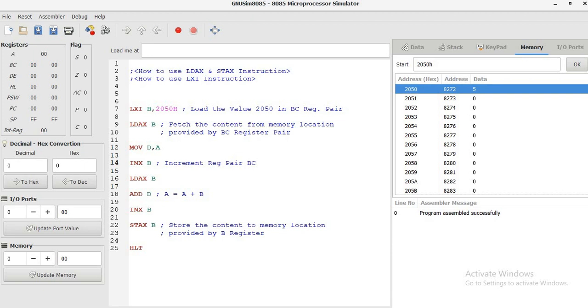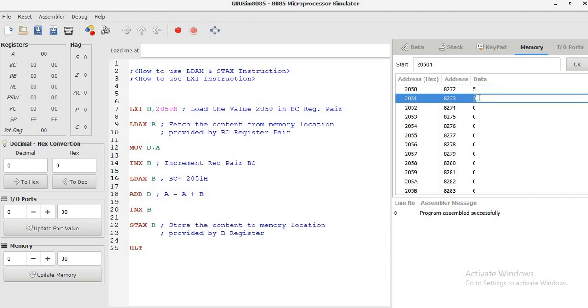Actually it is just incrementing the C register, but when you treat it as a register pair, you would say that the BC register pair is incremented, and the latest value of the BC register pair is 2051H.